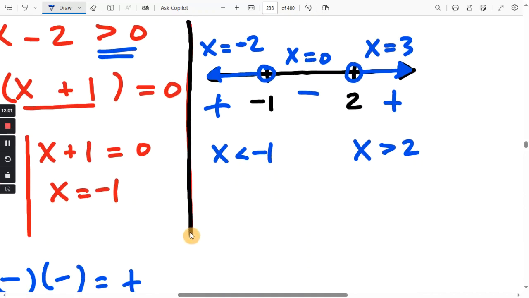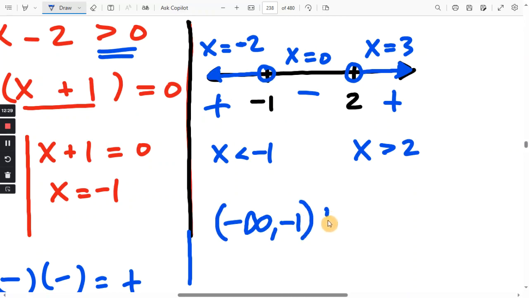So how do we write that in interval notation? Well, let's see. x is less than -1, when it goes in the negative direction, it heads toward negative infinity. For the infinity symbol, you always use the curved parenthesis because it doesn't include negative infinity. And it goes all the way to -1. It does not include it, so you use the rounded parenthesis.